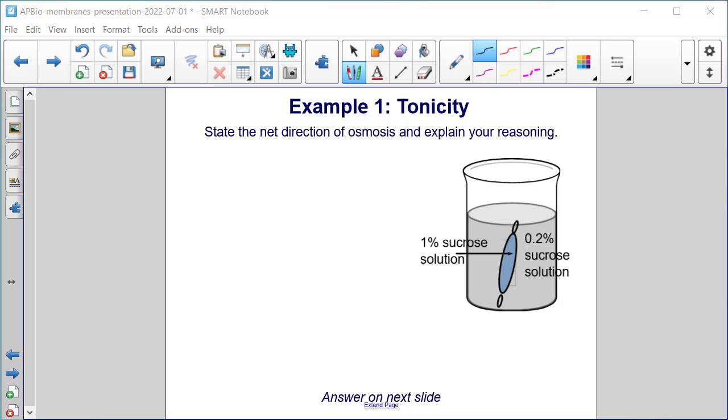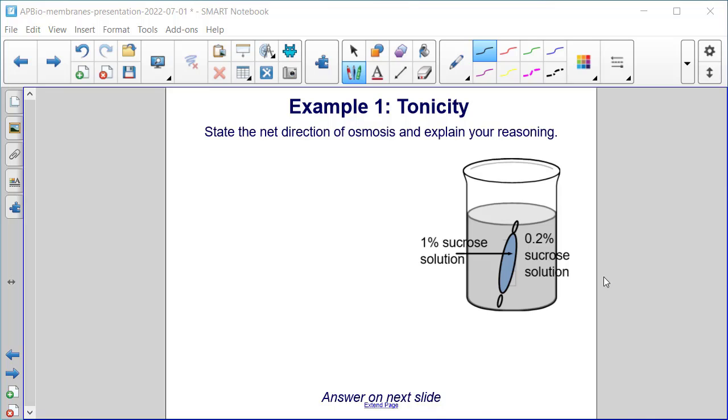Example 1, tonicity. State the net direction of osmosis and explain your reasoning. So inside of the dialysis bag that we're using as our semi-permeable membrane, we have a 1% sucrose solution, and on the outside we have a 0.2% sucrose solution.